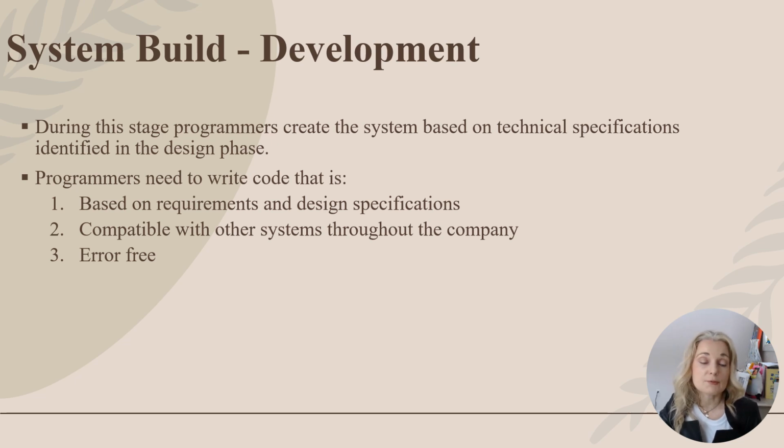Programmers will need to write code that is based on the requirements and design specifications, and one that is compatible with other systems throughout the company and also error-free. One of the reasons we're going to talk about testing next is because it is critical for the system not to have any bugs or errors.